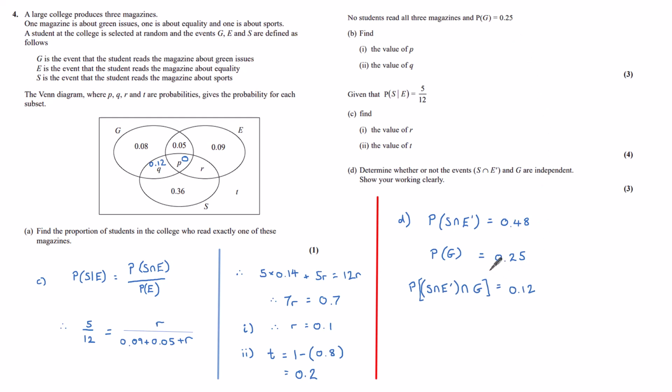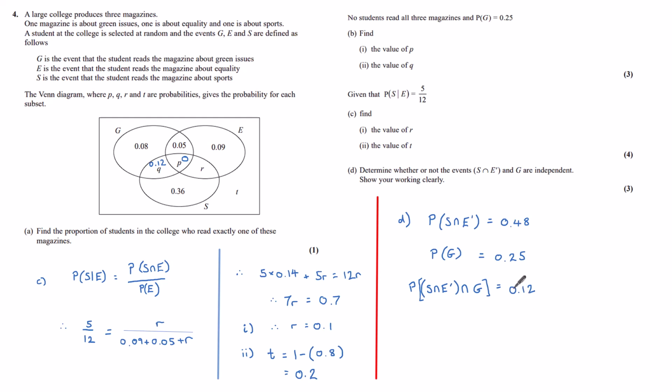And so the probability of S and not E and G, so again, these two values were the probability of S and not E, but the ones that are G as well are just this value Q. So we can say that the probability of S and not E and G is 0.12.